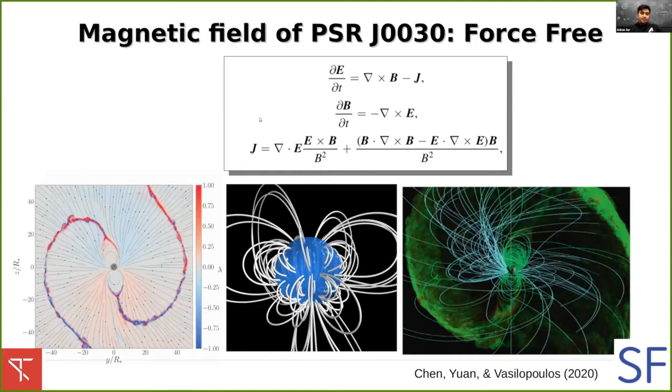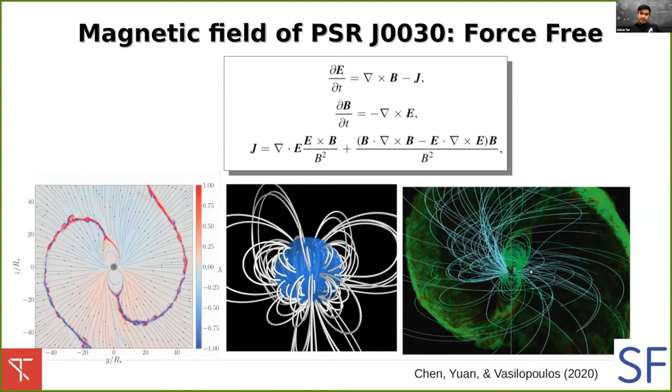And we use them to evolve using the force-free simulations until it reaches a steady state. So in the steady state, we see that this quadrupolar field, which are these loops in this middle picture, lies close to the surface of the star, and far away from the star we have more of the dipolar component, as seen on the right-hand side of the picture.